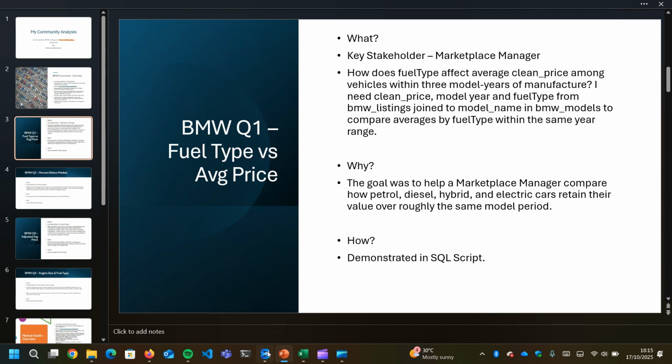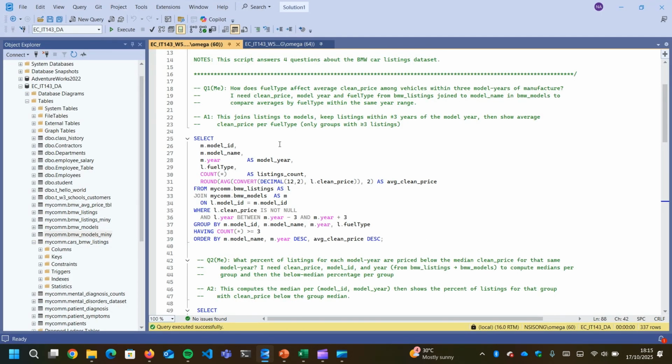So let's go over to SQL. This is the question here. What I basically did is I joined the BMW listings with BMW models, filtered the listings so that each record was within 3 years of its model year. Then I grouped it by the fuel type and computed the average clean prices. I'm going to run the code now.